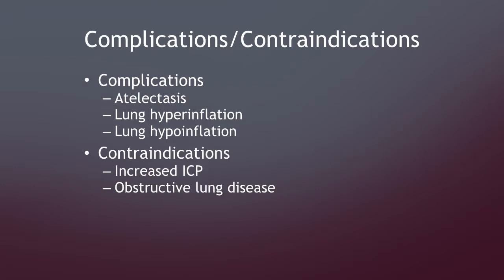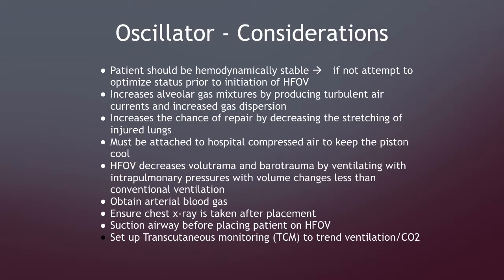Some of the complications and contraindications are lung hyperinflation, lung hypoinflation, and collapse. Really don't put on patients who have a high ICP or any kind of obstructive lung disease. Just some considerations: these patients should already be hemodynamically stable.